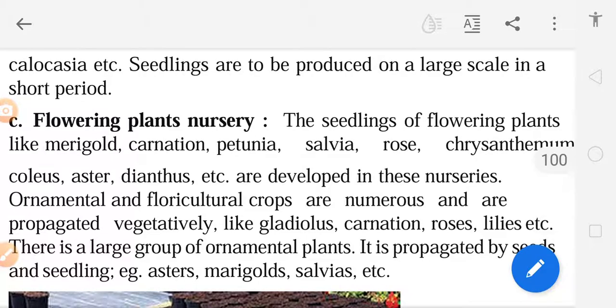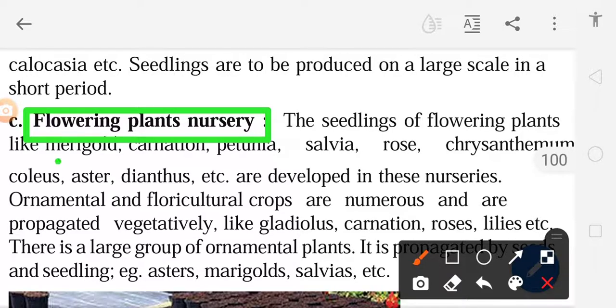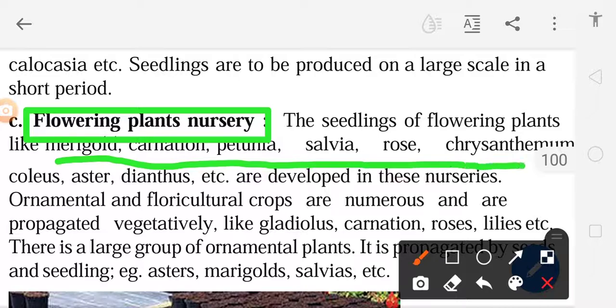Let us go to the third kind of nursery. This third kind of nursery is the flowering plant nursery. We have studied fruit nurseries and vegetable nurseries. Now this is a flower nursery. In this flower nursery, we can grow seedlings of different flower plants like marigold, salvia, rose, and ornamental seedlings, floriculture crops.